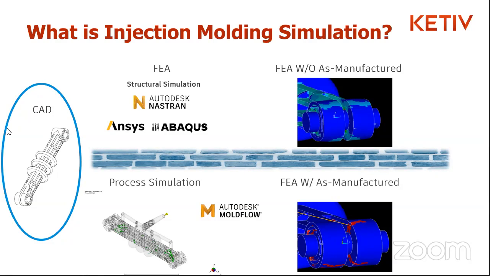So a lot of dynamics that we can add and leverage the material database in Moldflow, but also passing the as molded data, residual stress, final shape, orientation of fibers onto FEA, so we get more accurate results. Virtually mold it, virtually try to break it.